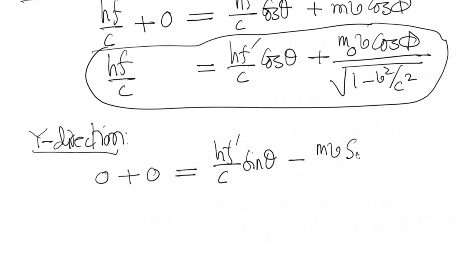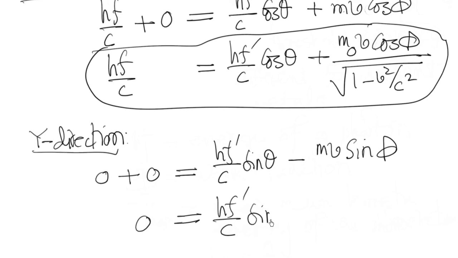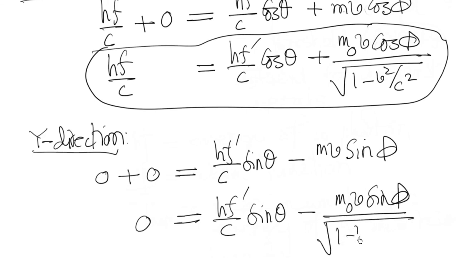Now we will have sin phi and hf prime by c sin theta, and this is m naught v sin phi divided by square root of 1 minus v square by c square.